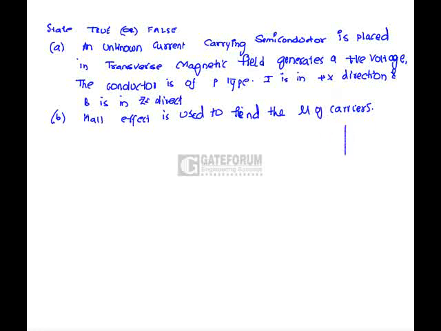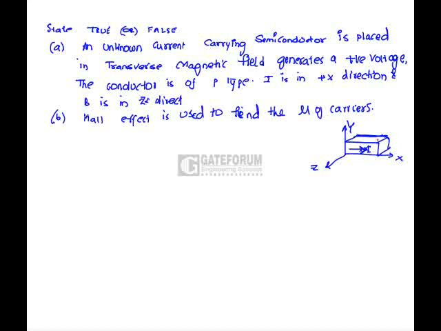Here, suppose this is the y direction, this is the x direction, this is the z direction. The magnetic field is in this direction. This is the semiconductor, and the current is going to be in the x direction. Hence the conductor is of p type.